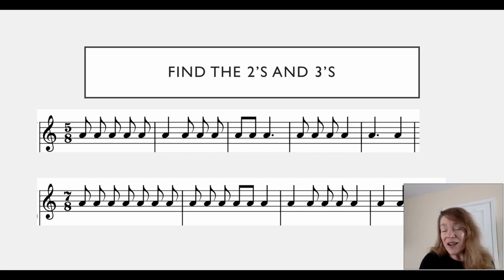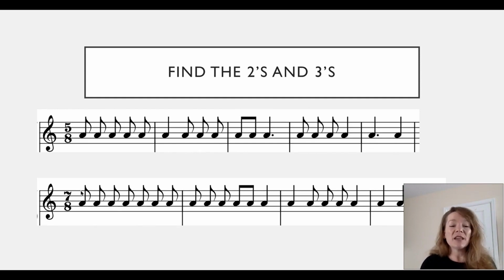So a 5/8 bar, for example, could be broken up into a grouping of 2 plus a grouping of 3. Or it might look like this, as a grouping of 2 and a grouping of 3 eighth note pulses. Or we could have a group of 3 plus 2. And here's another way to write that: 3 plus 2. So I'm starting to visually identify my groups of 2s and 3s.